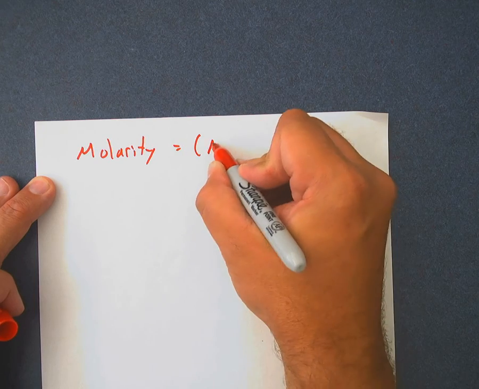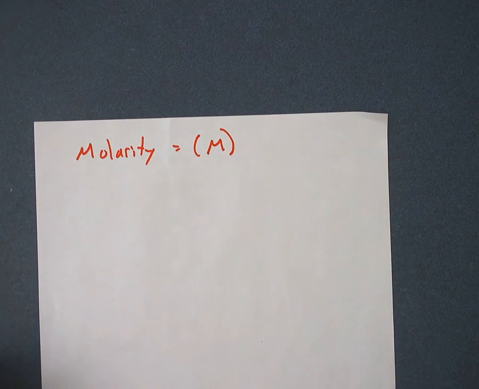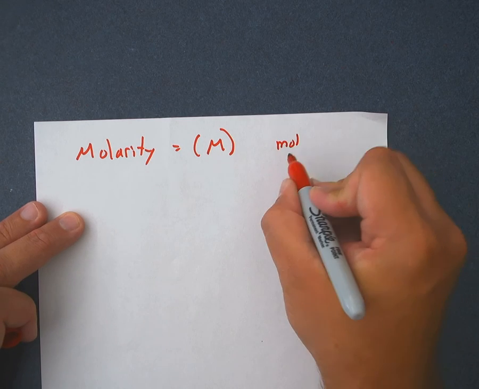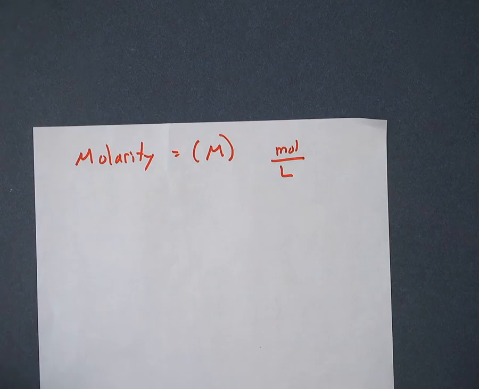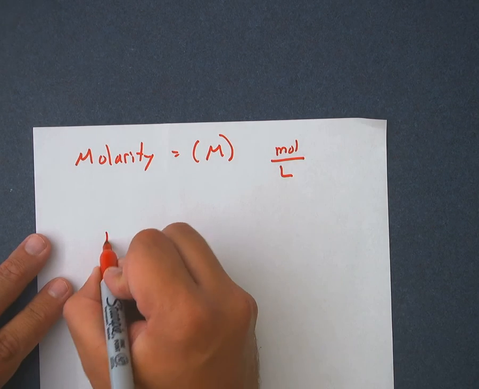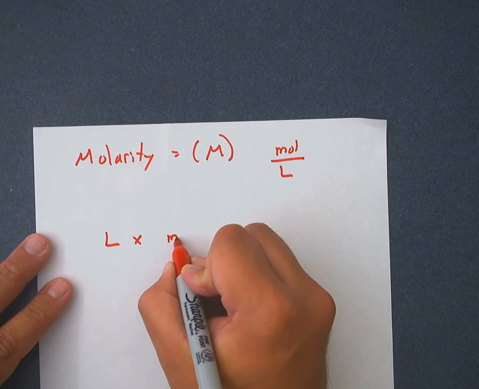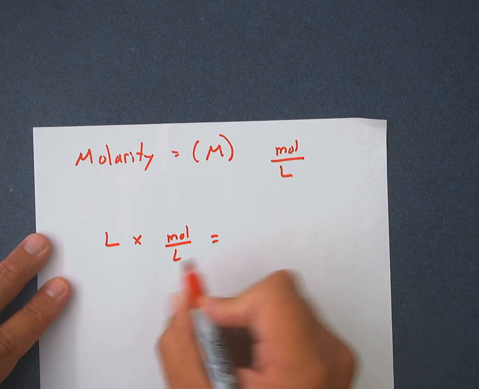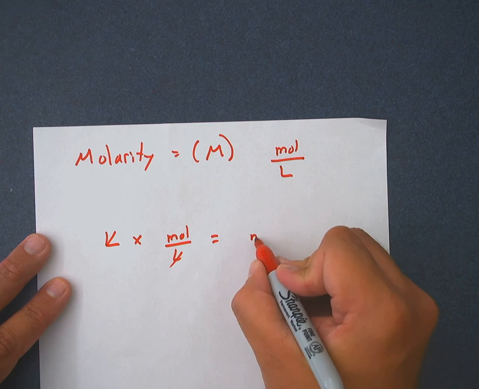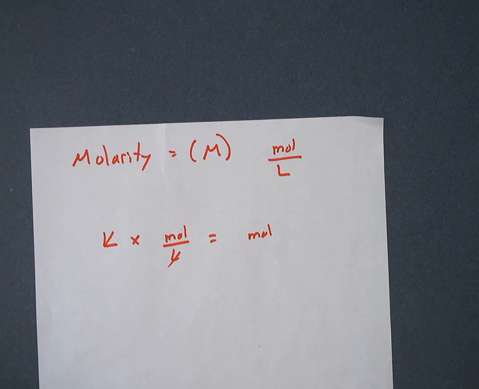Molarity has a giant M for its symbol, and it's a unit of concentration that measures how many moles are dissolved in a liter of solution. All right, so the units are moles per liter. So watch this. If I take liters and I multiply by moles per liter, the liters will cancel and I'll just have moles.